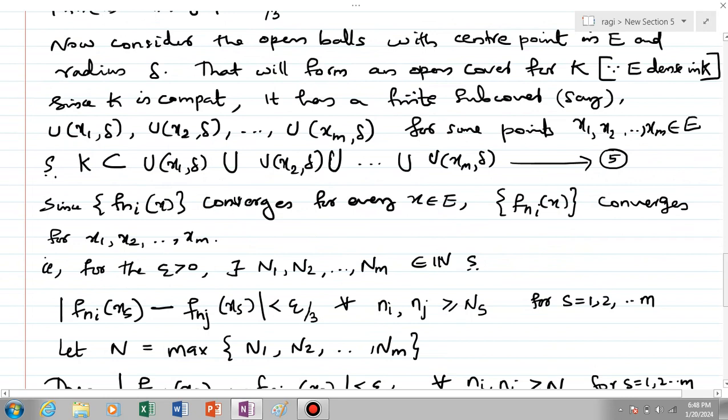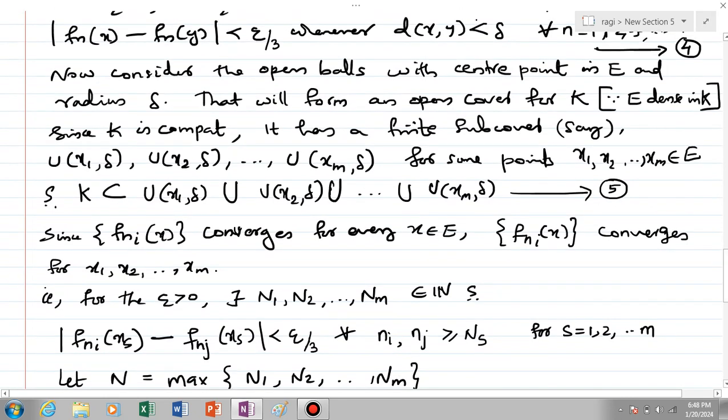Now consider the open balls with center points in E and radius this delta.